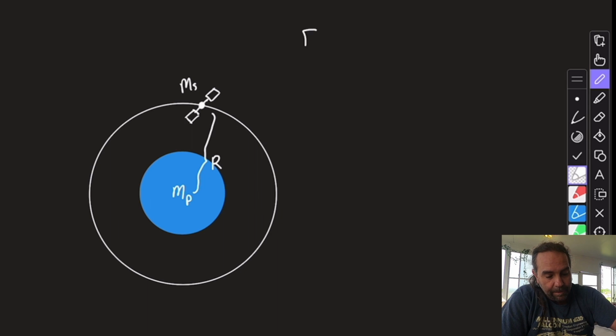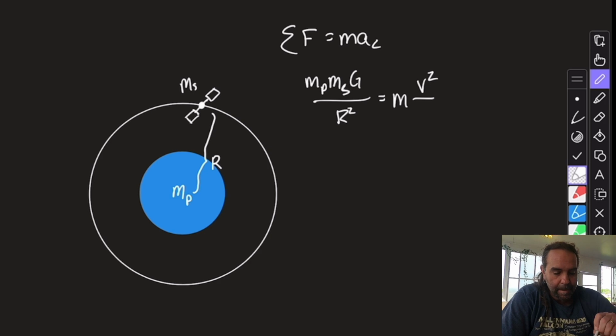That would be first saying that the net force equals ma, or mass of planet, mass of satellite, times G over R squared equals MV squared over R. Can I use the same R here? I think I can. A satellite is much smaller than a planet, and therefore it's safe to say the center of mass is at the center of the planet. This mass is the mass of the thing that's orbiting, so that's S.